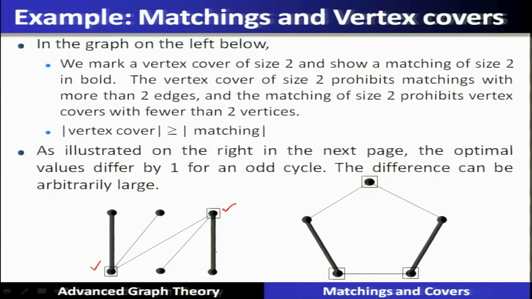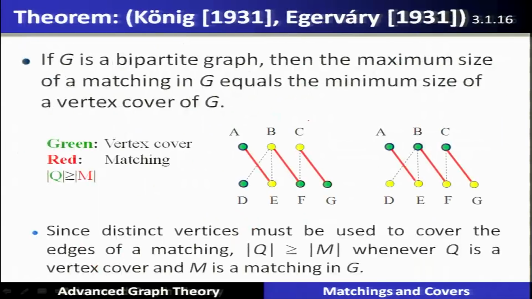So, a vertex cover of size 2 prohibits a matching with more than 2 edges, and a matching of size 2 will prohibit a vertex cover with fewer than 2 vertices. Hence, the vertex cover is at least the size of the matching, and this is the theorem known as the Konig-Egervary theorem.